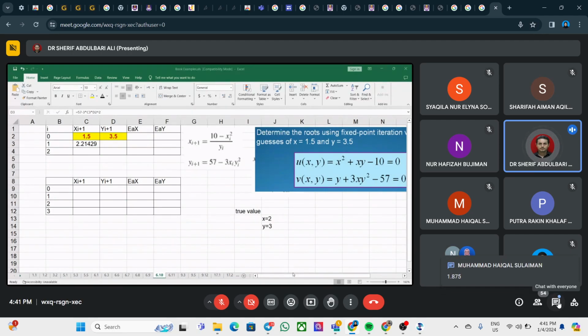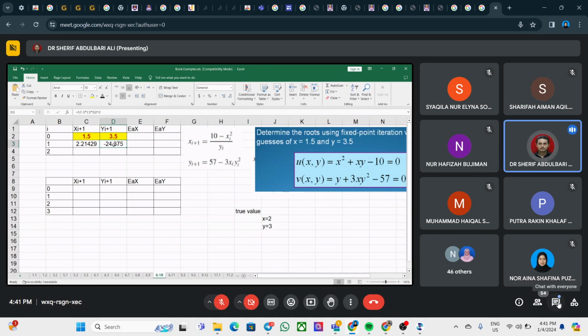Someone says it's 1.875. How about the rest? Are all of you okay with that value? Yes. Okay, so the answer is negative 24.375. You're supposed to get the answer of negative 24.375.